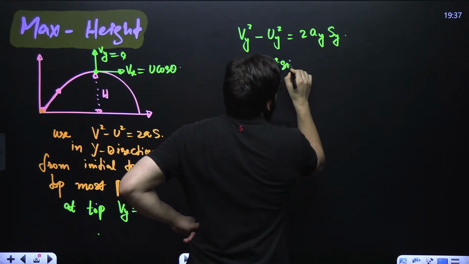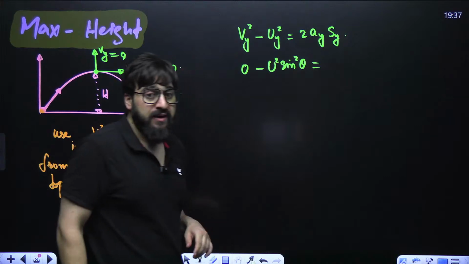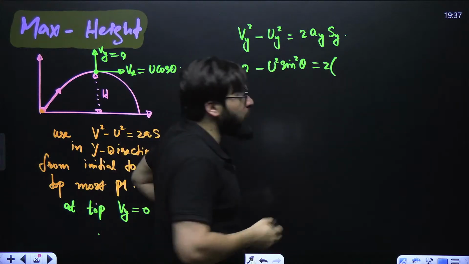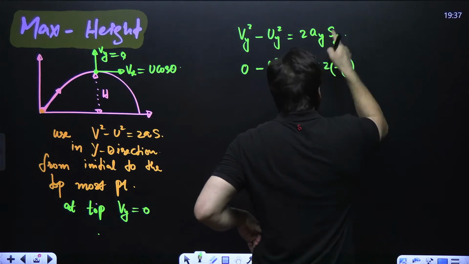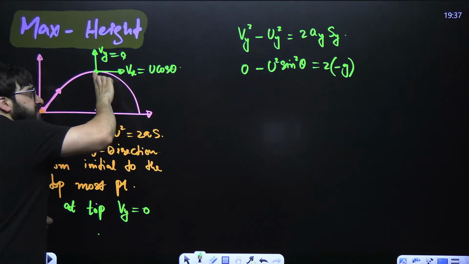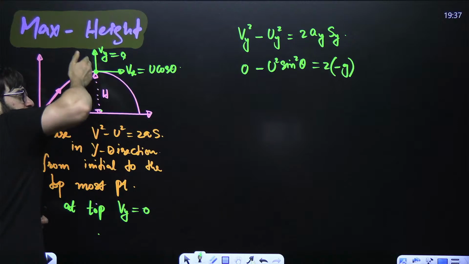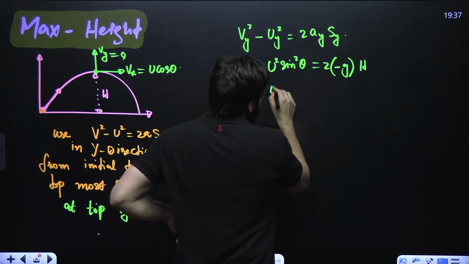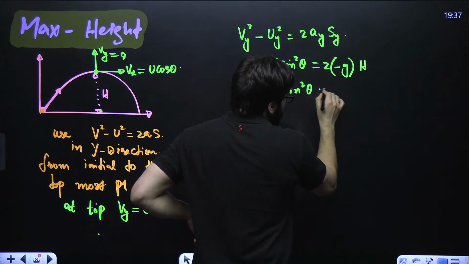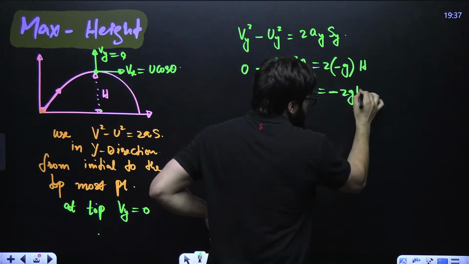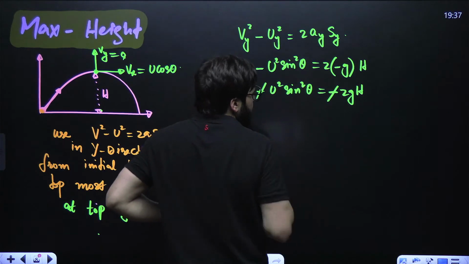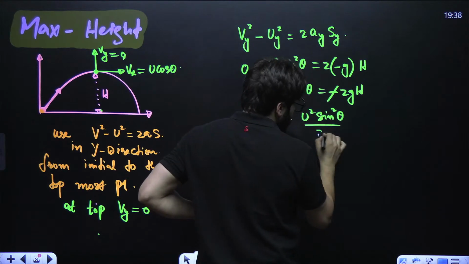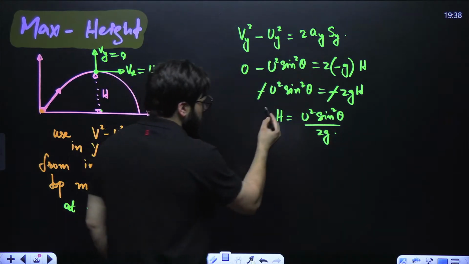So it will be u square sine square theta is equal to 2 times acceleration in y direction, which is minus g, times displacement in y direction at the topmost point, that is h. So u square sine square theta is equal to minus 2gh. Minus minus gets cancelled, so h will come out to be u square sine square theta divided by 2g.